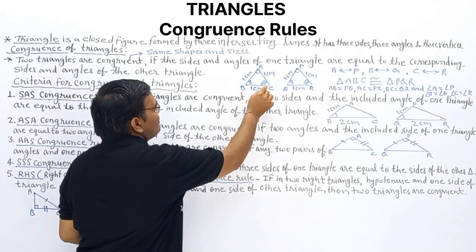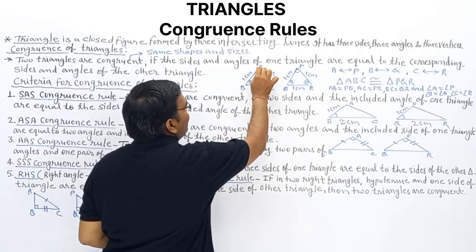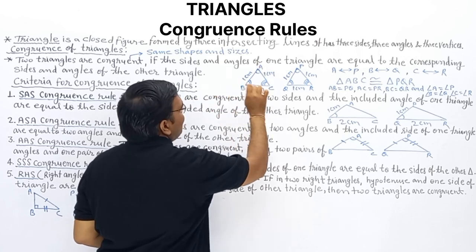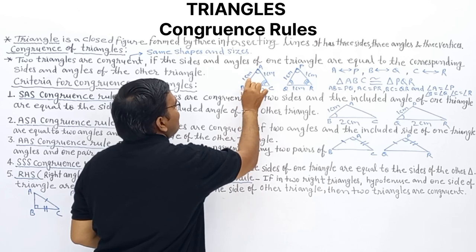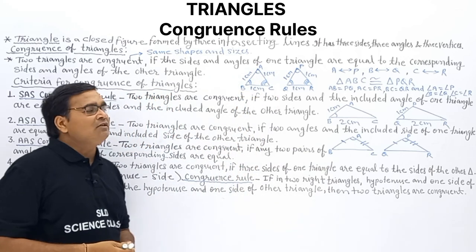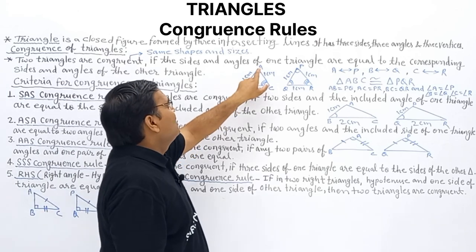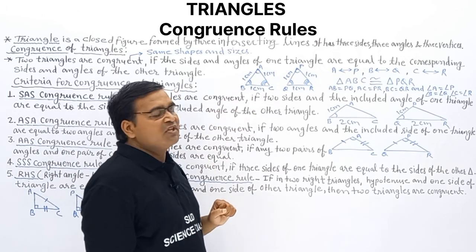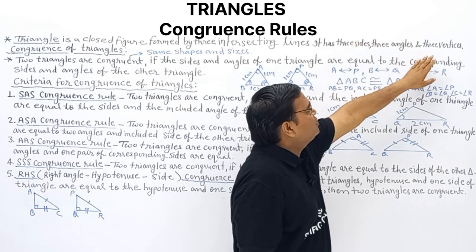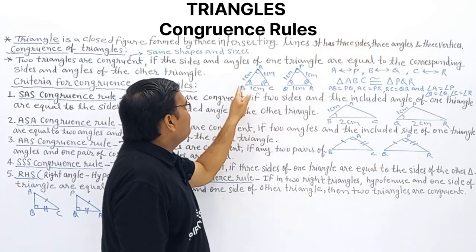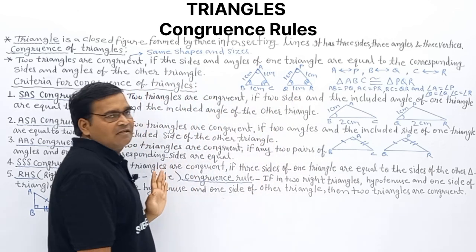So these two lines are intersecting and meeting at B, these two are meeting at point A, and these two are meeting at point C. These intersecting points of the three lines are called vertices. A, B, C are vertices. So a triangle has three vertices. Similarly A, B, C, P, Q, R are vertices. Clear?